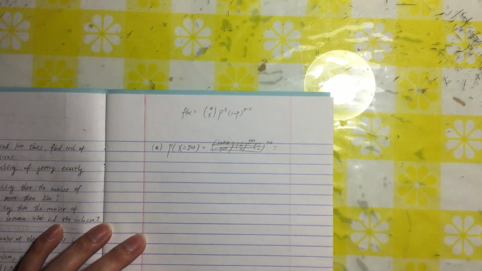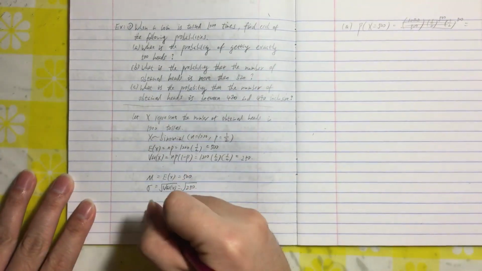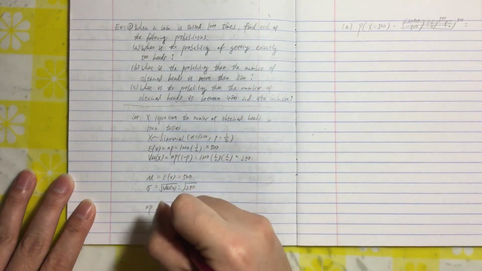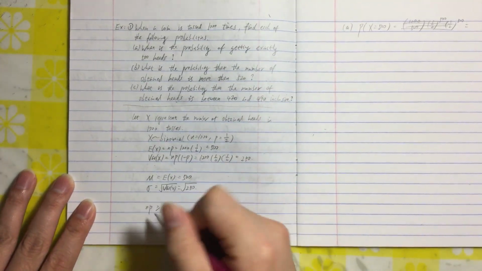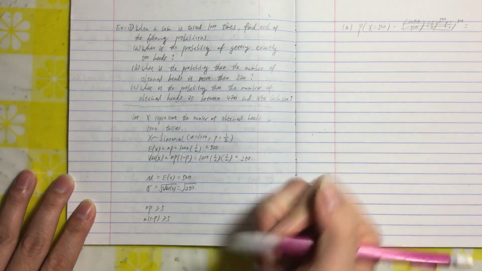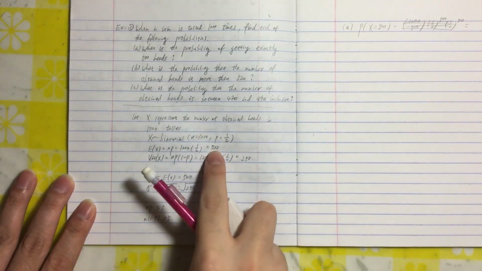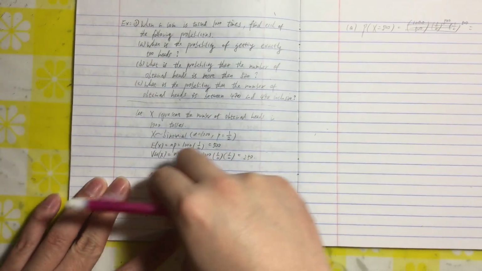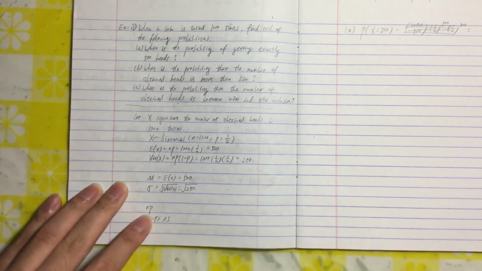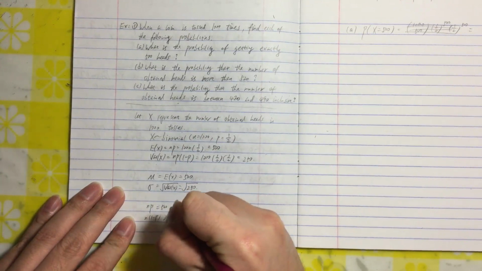Before we use normal approximation for a binomial distribution, let's verify two things. We must verify that n times p must be greater than or equal to 5, and n times 1 minus p must be greater than or equal to 5. In this problem, n times p is 500, which is greater than 5.